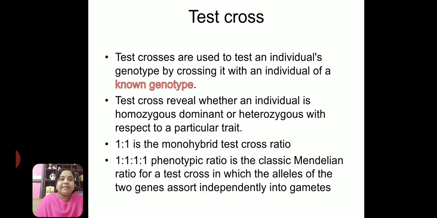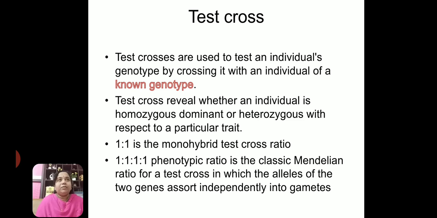Then about the test cross. A test cross is used to find an individual's genotype. A test cross is for identifying the genotype of an organism. How is the genotype of that organism identified? It is done by crossing that unknown genotype organism with a known genotype. Here in the F1 we get a yellow seeded plant.